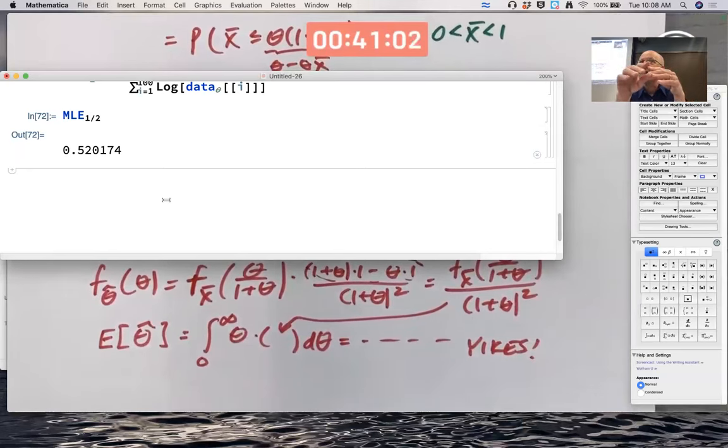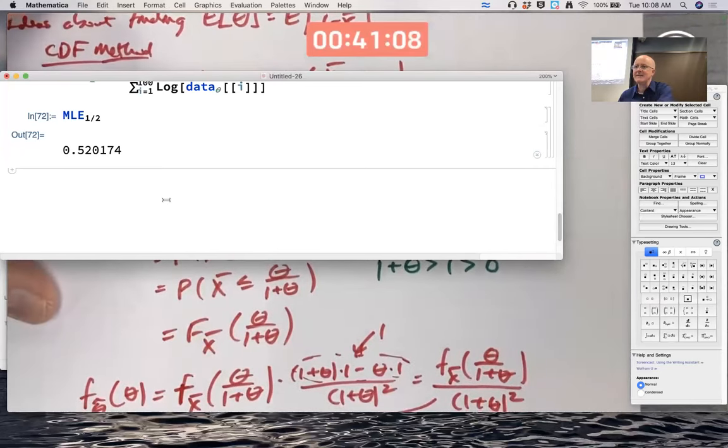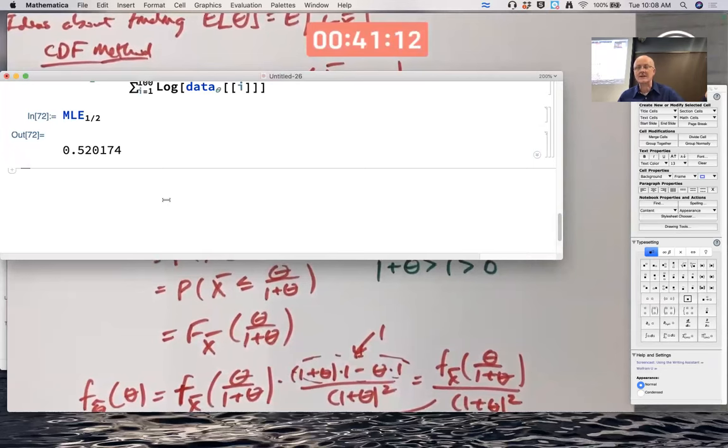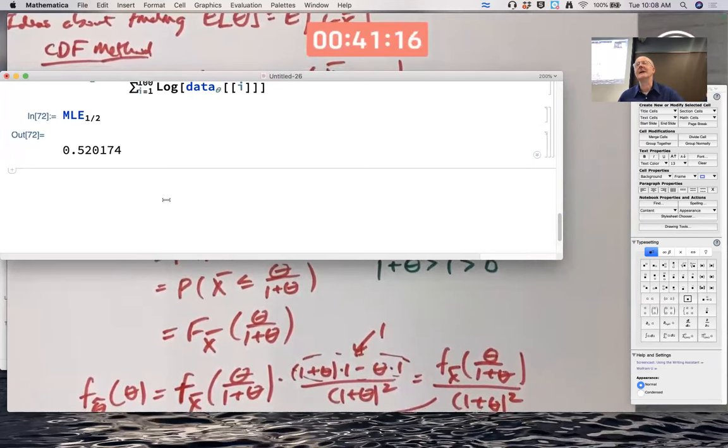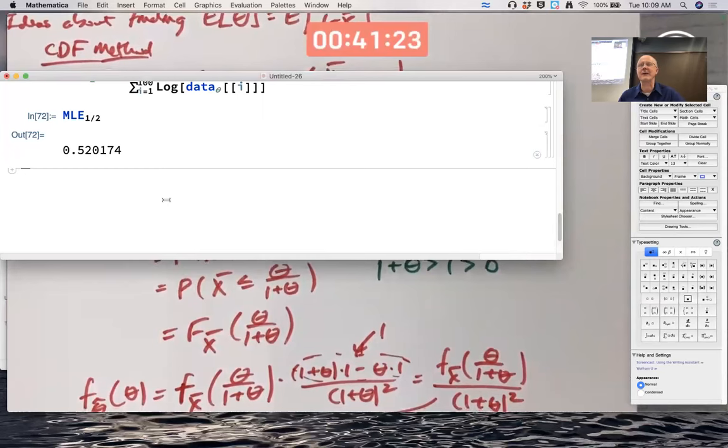Now, the mean of x bar is not x1 plus x2. It's x1 plus x2 divided by 2, if n is 2. It's not x1 plus x2 plus x3 when n is 3. It's x1 plus x2 plus x3 divided by 3. So you've got to divide by n, which means what I'm about to show you is not the exact way to do it, but I was still impressed anyway.